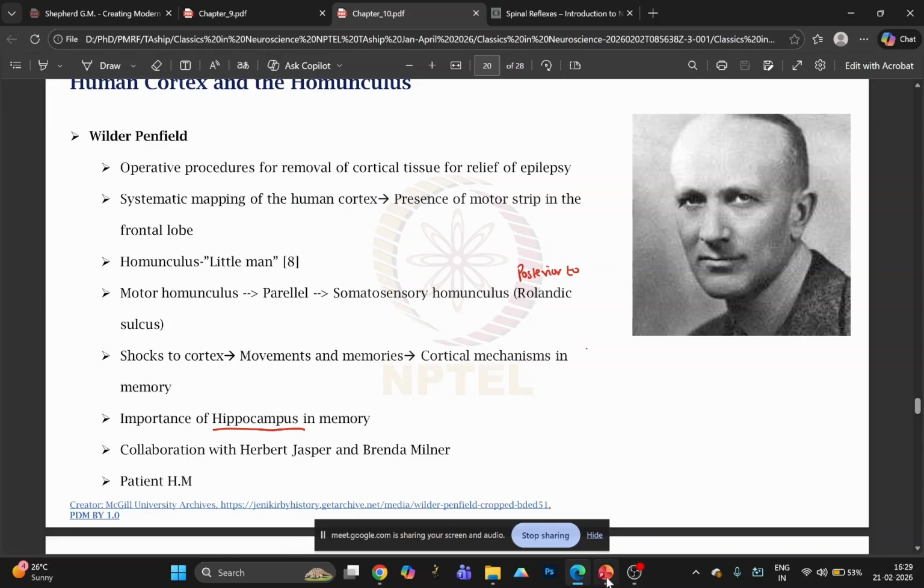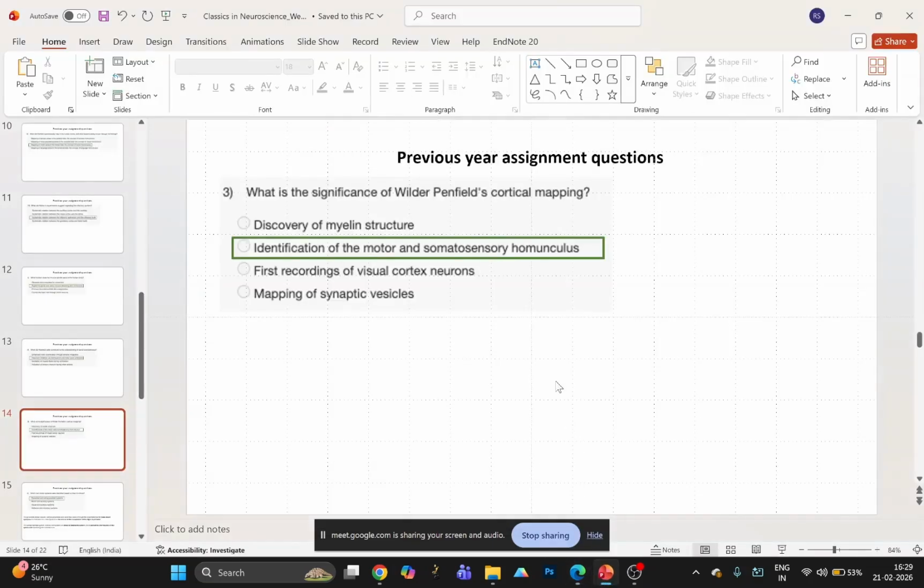Basically, the idea is that there are different regions in the motor homunculus which are responsible for controlling muscles of individual regions of the body. So that is the significance of Penfield's cortical mapping work.